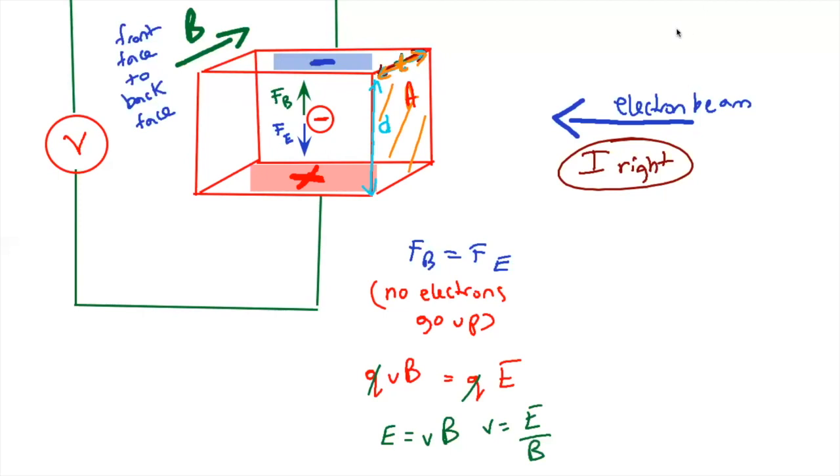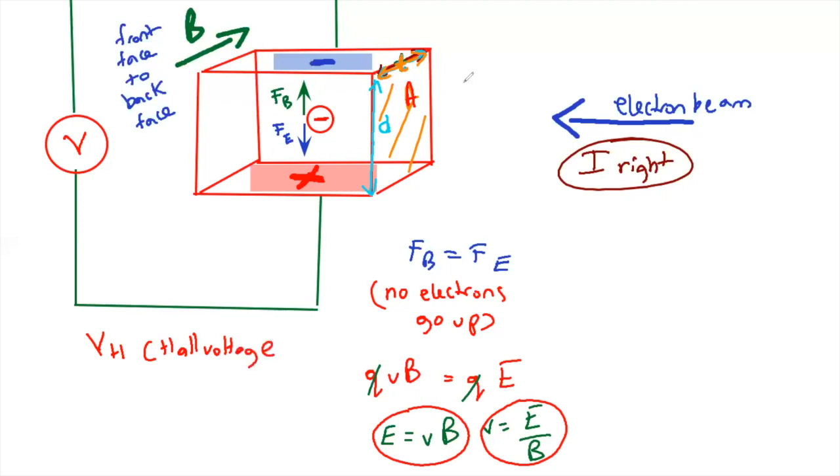So I get these two. All right, let me introduce to you guys the concept of Hall voltage. This voltage that we're about to measure in this system, with a Hall probe or something similar, is called the Hall voltage.